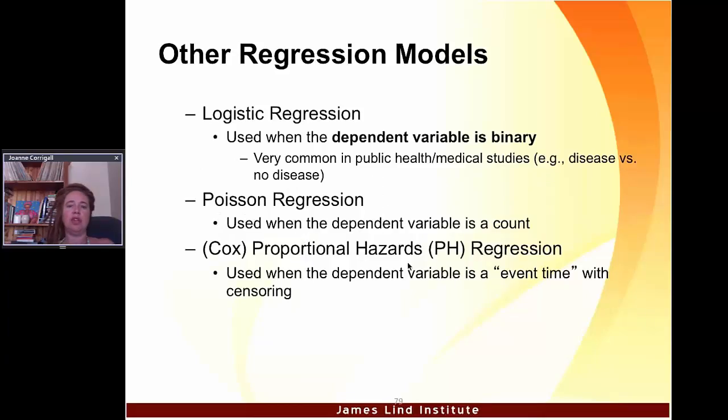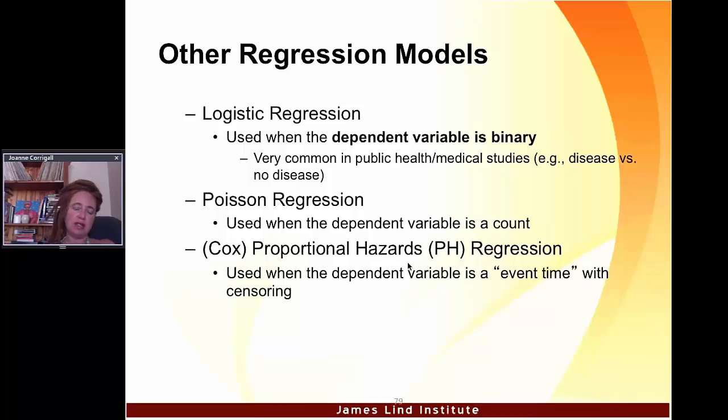And so when you have a binary or categorical dependent variable, you would need to use logistic regression. And the formula is slightly different and a little bit more complicated. But again, it's really just about identifying which regression model to use in, for example, Stata or SPSS, and then it's actually just as easy to interpret as the linear regression.